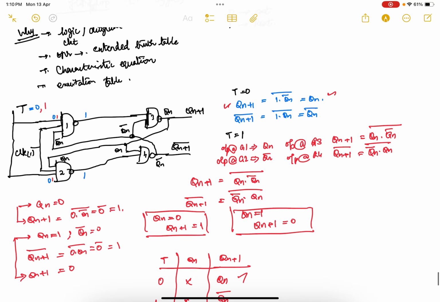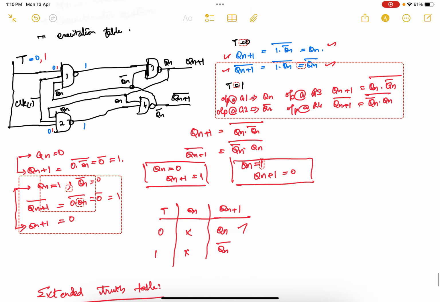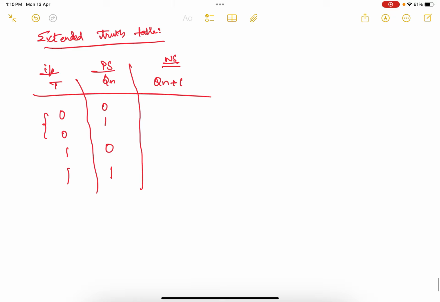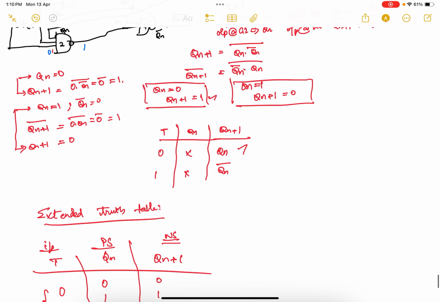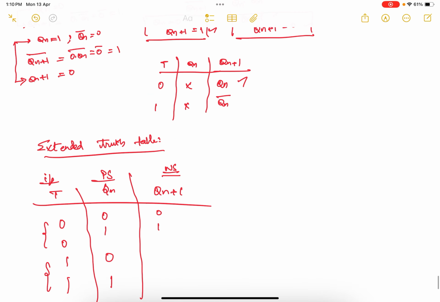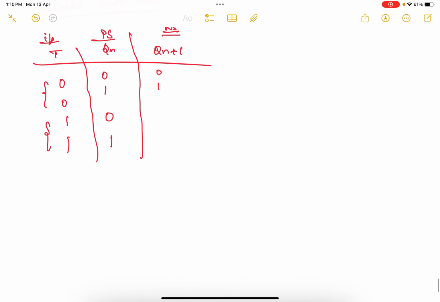The next state is nothing but your present state. And when T equal to 1, what is your next state? Your next state is the present state complement. So if the present state is 0, this will become 1. If it is 1, this will become 0.